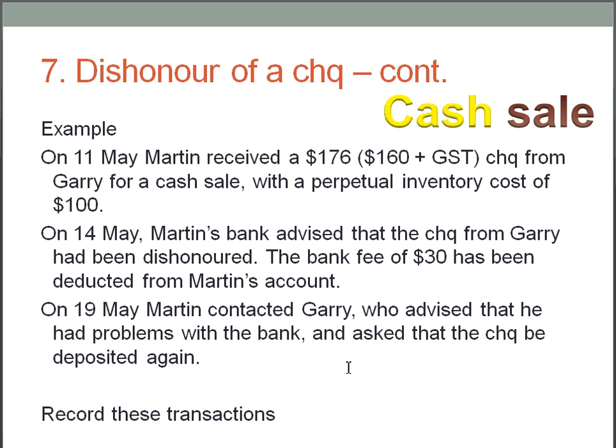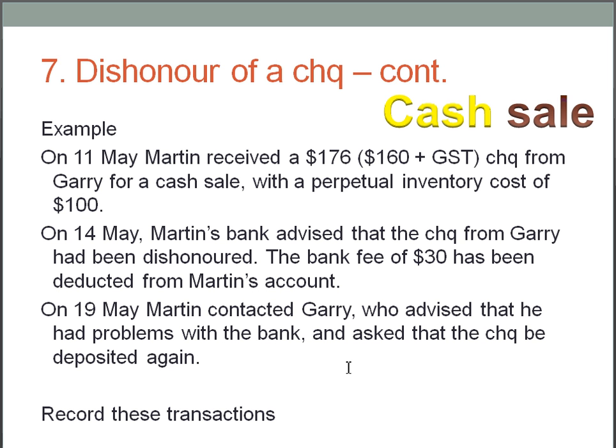Now really, if you think about it, the fee should have been paid by Gary because Gary didn't put the funds in the account or didn't prepare the check correctly. But because Gary is not the person interested in paying, or perhaps doesn't have enough money in his account, the bank will bill Martin. It's up to the business and the trading terms and conditions agreement if Martin can charge Gary $30 back or if he can't.